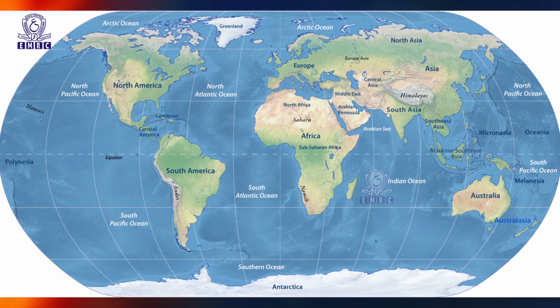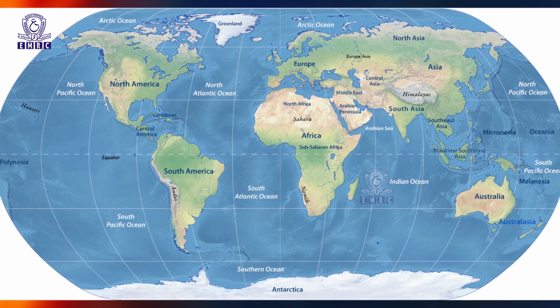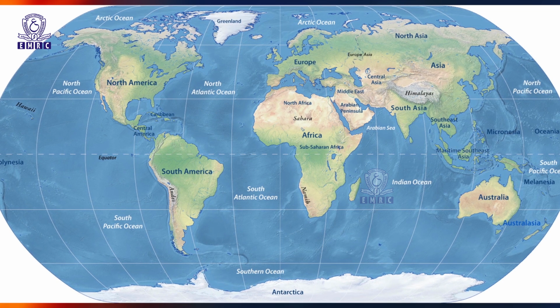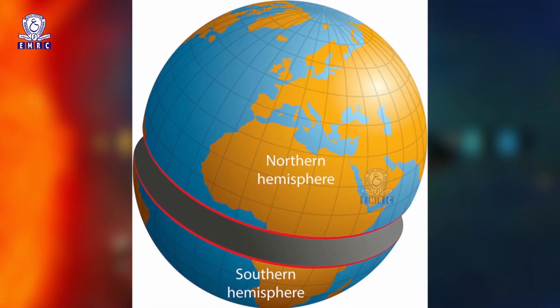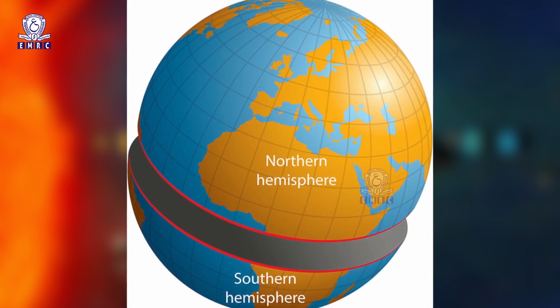Continents are the extensive land masses on the earth's surface. All the lands in the form of continents of the earth together make up about 1/3 of the total surface of the planet. The land masses of the earth are unequally distributed.